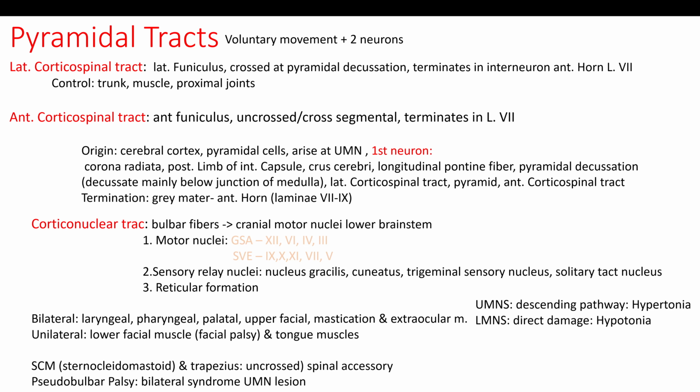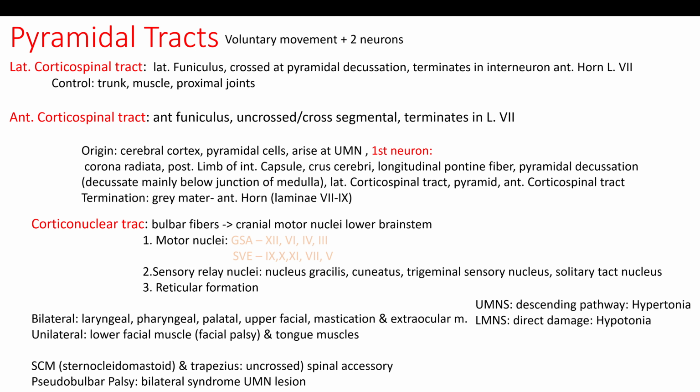Okay, pyramidal tracts. They're connected with the voluntary movements, include two neurons, upper motor neurons, divided into corticospinal and corticonuclear tracts. Lateral corticospinal tract is in the lateral funiculus, crosses at the level of the pyramidal decussation, terminating in interneurons of the anterior horn, lamina V to VII, includes fibers controlling the trunk and muscles as well as proximal joints.